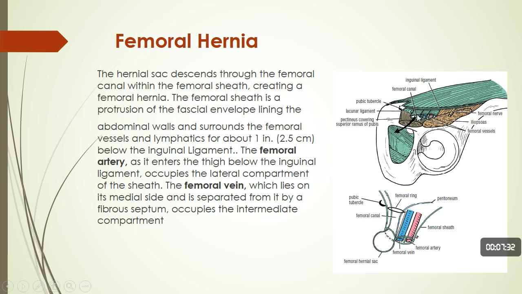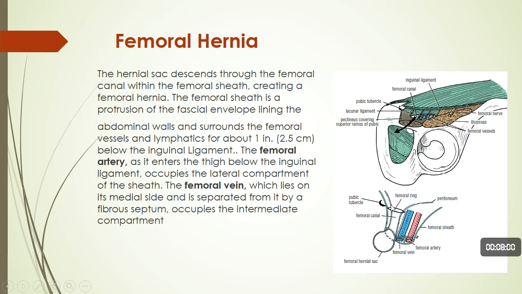This compartment, medially, is named the femoral canal. Here is the compartment of the artery, the compartment of the vein, and here is the femoral canal. The superior part of the femoral canal faces the abdomen here. It is named the femoral ring.